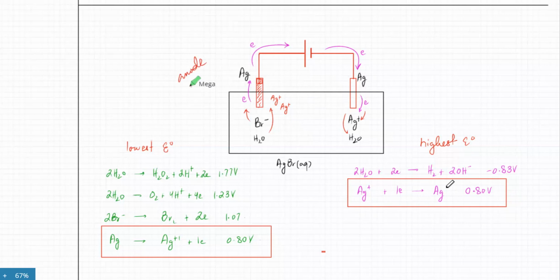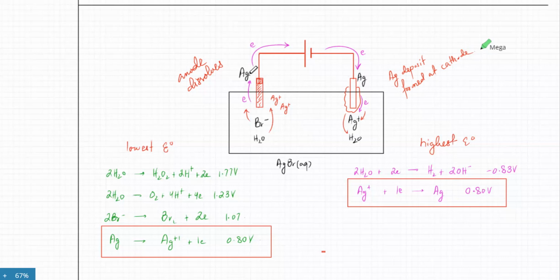So the overall effect would be that the anode dissolves, and silver deposit is formed at the cathode. Okay, is this clear? Formed at cathode. Is this clear? Yes or no? Yes, sir. Yes, sir.